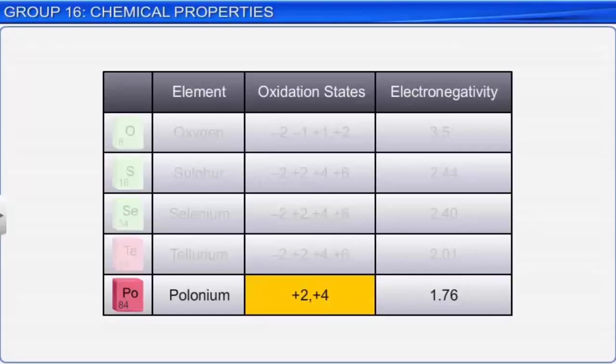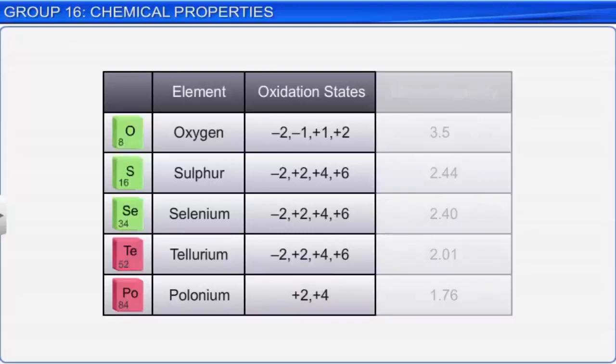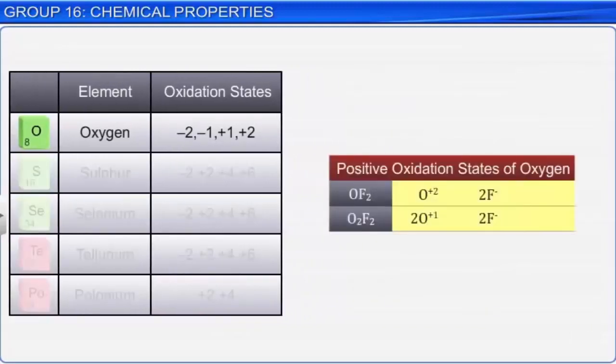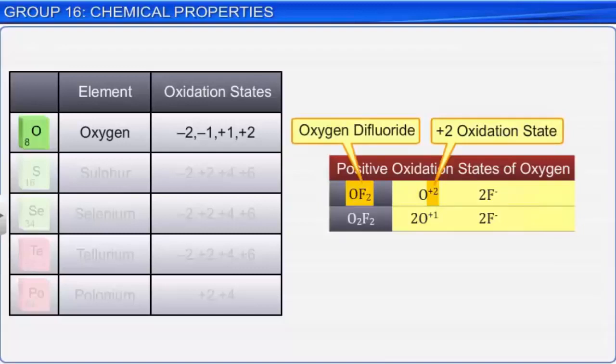Talking about positive oxidation states, oxygen shows positive oxidation state only in its compounds with fluorine, since fluorine is the only element more electronegative than oxygen. It shows +2 oxidation state in oxygen difluoride and +1 in dioxygen difluoride.